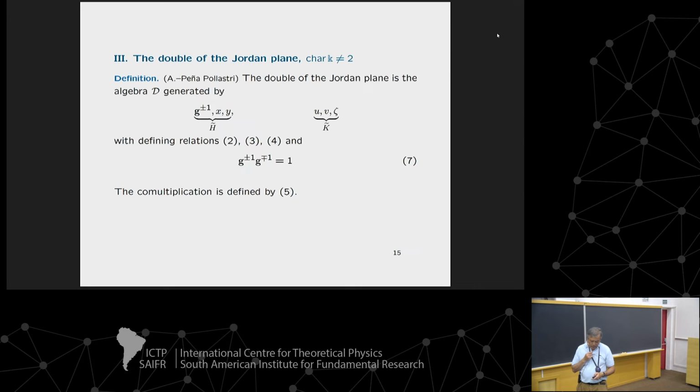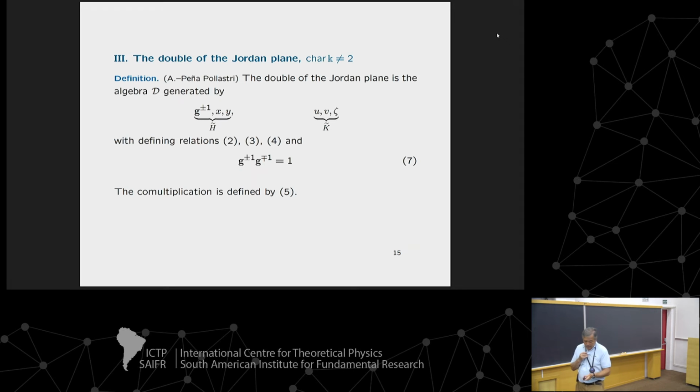The double of the Jordan plane is the algebra D, which is the main object of this talk. This algebra D is generated by similar elements as before: g plus or minus 1, x, y, u, v, and zeta.